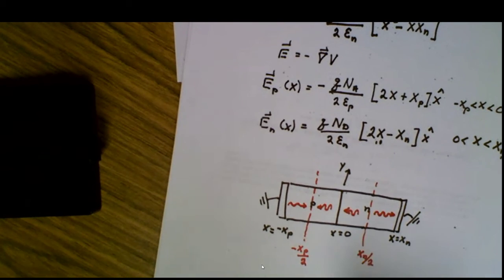In particular, we know that our field line originates from a positive charge and terminates in a negative charge. Our contact on the left-hand side is going to have positive surface charge. On the right-hand side, it's going to be terminated by negative charge.